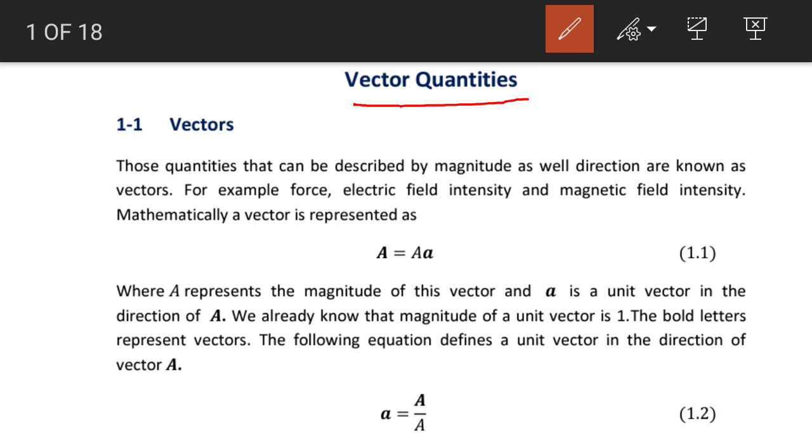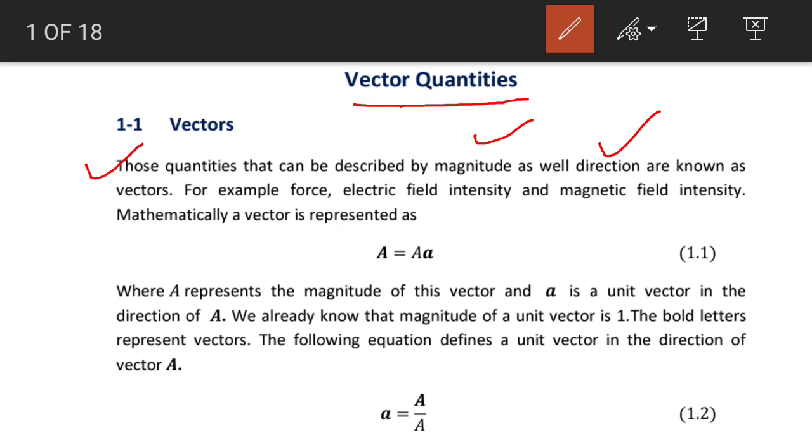So let us define a vector quantity. Any quantity that can be described by magnitude as well as direction is known as a vector quantity. So a vector quantity has a magnitude as well as direction.